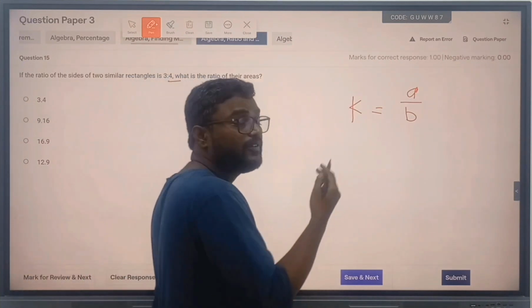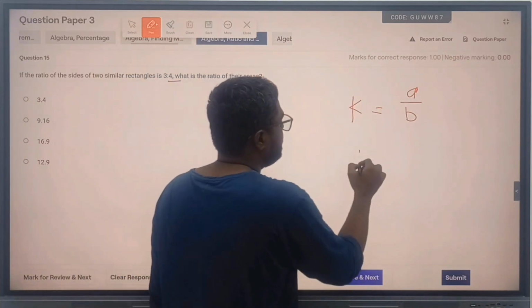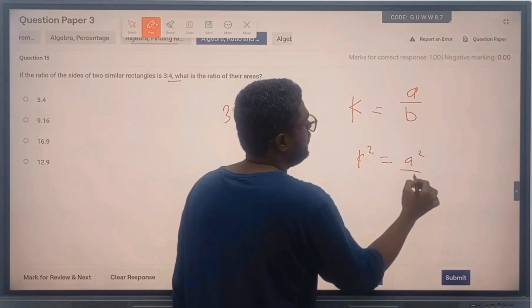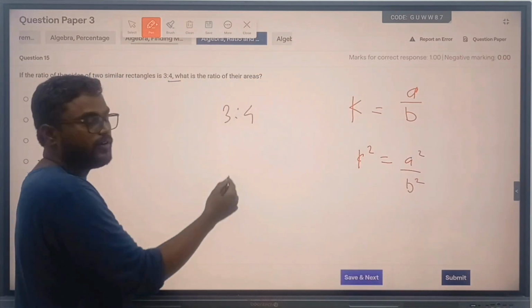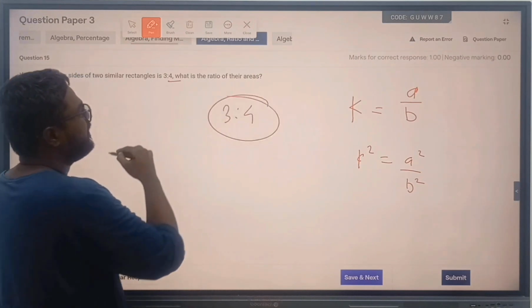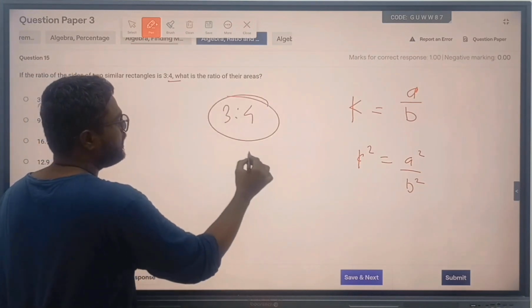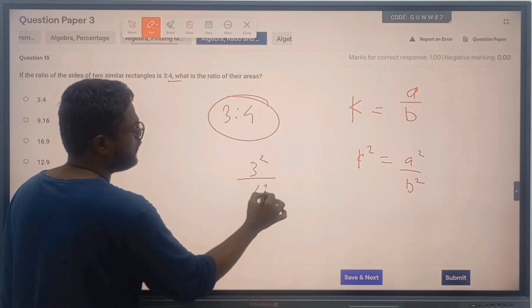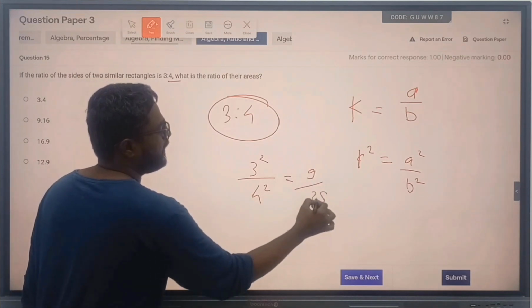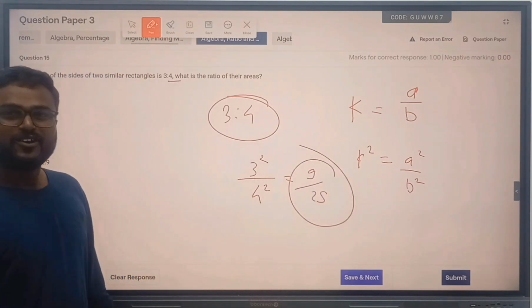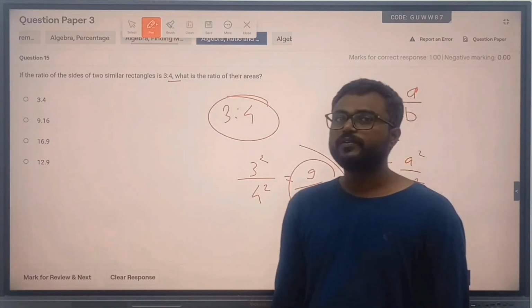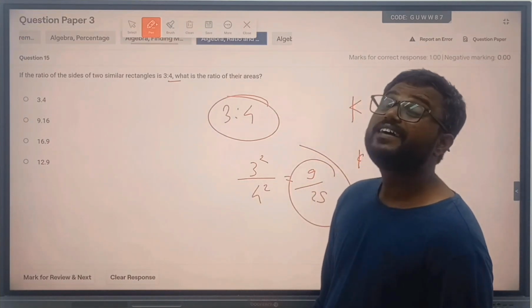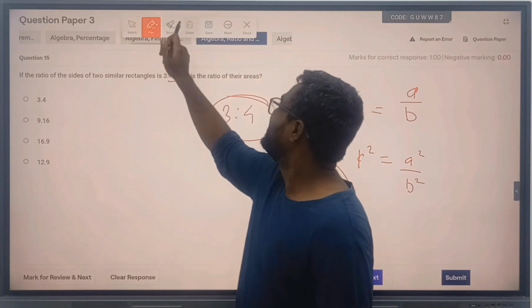What will we do for the area case? Just square it, in the case of the rectangle. So here we have 3 over 4. So the ratio of their areas will be the square of 3 over the square of 4, which is 9 over 16. Okay, I hope you understood this. If you have any doubts, please ask me in the comment box, and then we will move on to the next question.